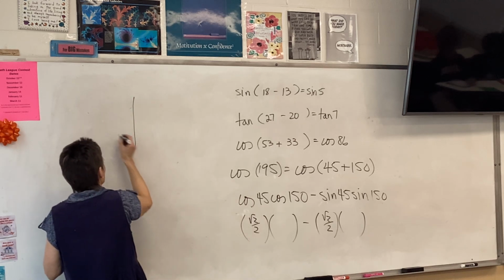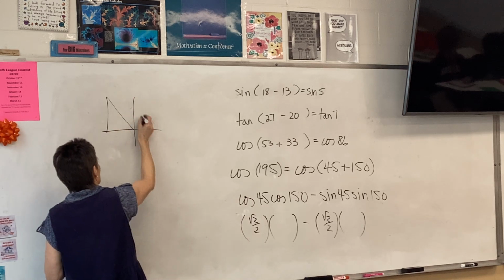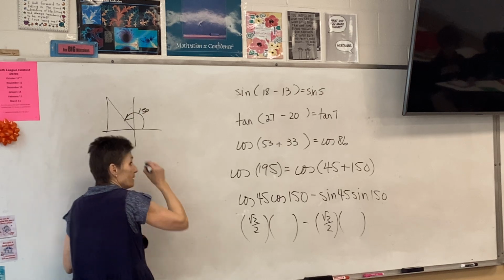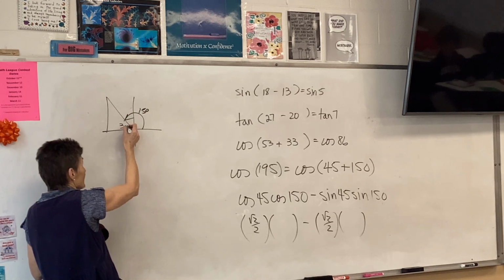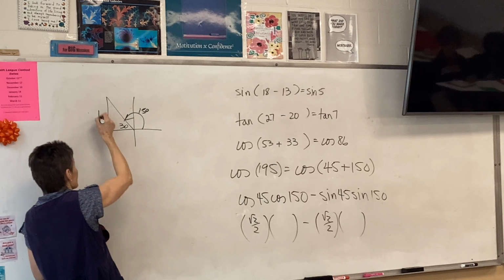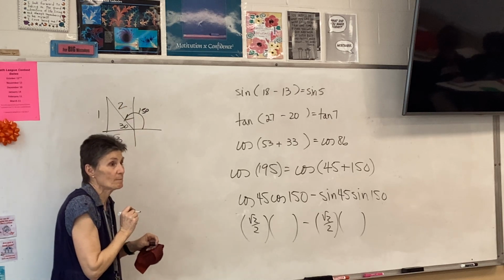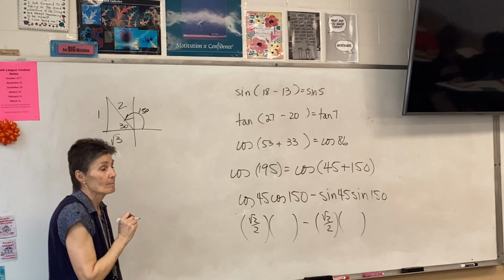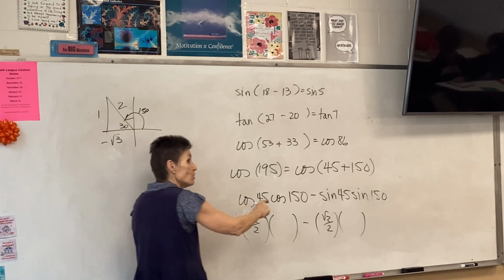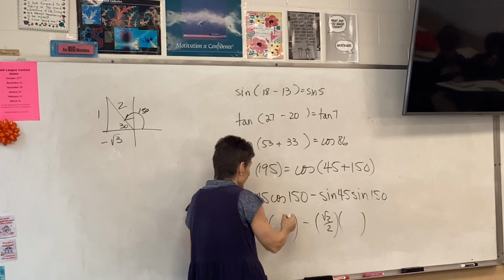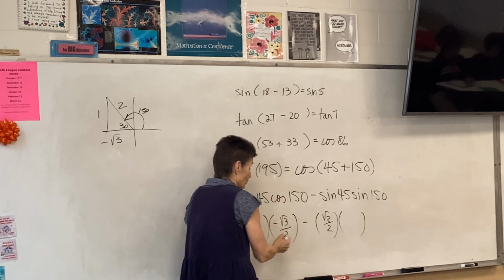So here's 150. Would everybody agree with that? There's 150. So this angle is 30. That's a 1, root 3, 2, but the root 3 has to be negative. So the cosine of 150 is negative root 3 over 2.